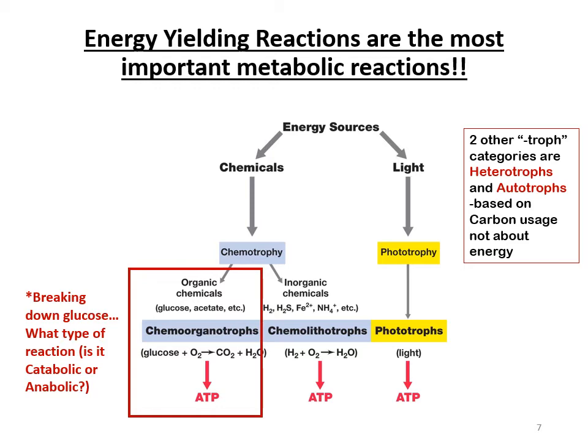So whenever you see breaking down glucose, well, that tells you that's catabolic. You are breaking something down. Okay? Once again, you may want to put little stars there and make sure that you know all 5 definitions that we discussed on this slide. Heterotrophs versus autotrophs, and then chemoorganotrophs versus chemolithotrophs versus phototrophs.